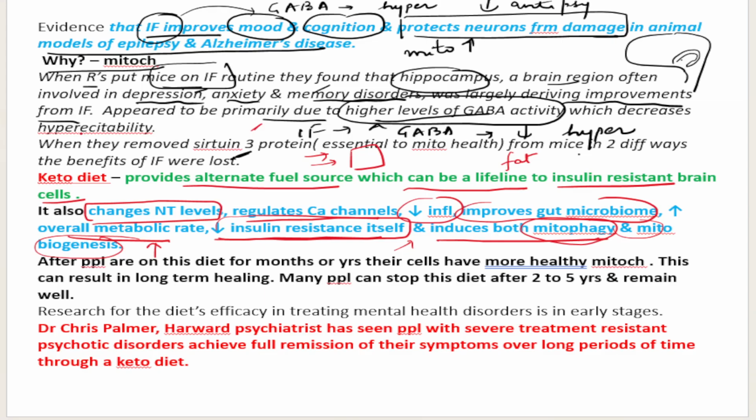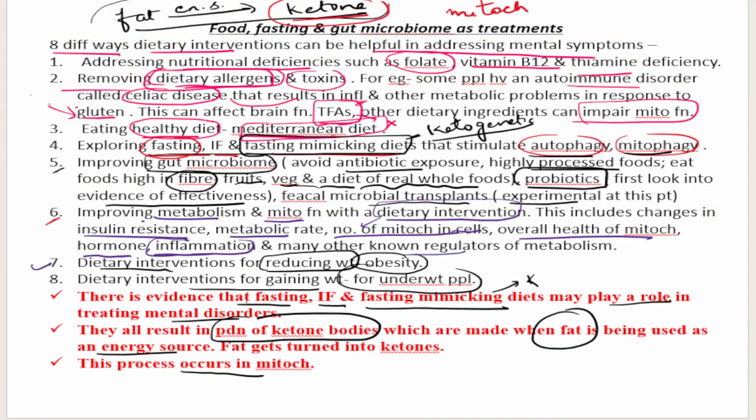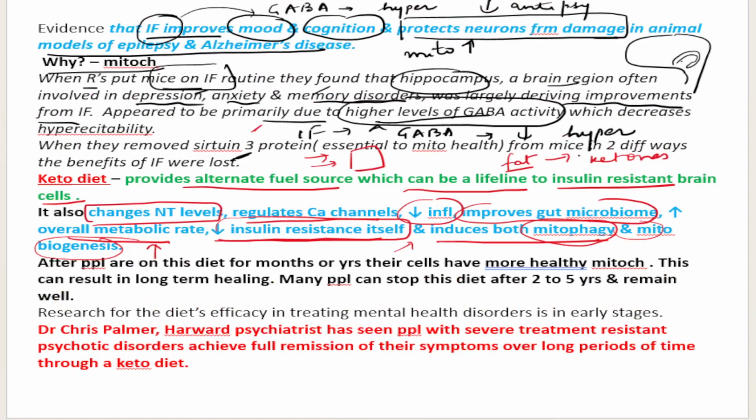So when we eat the ketogenic diet, the fat gets converted into ketones, and this process occurs in the mitochondria. So the ketones can easily get into the cells and act as an energy source.